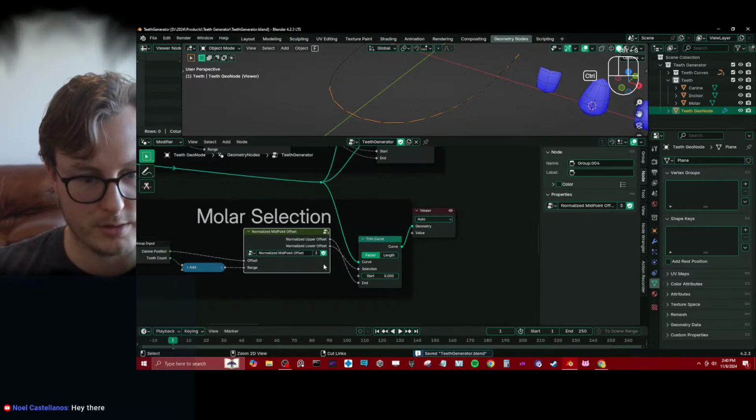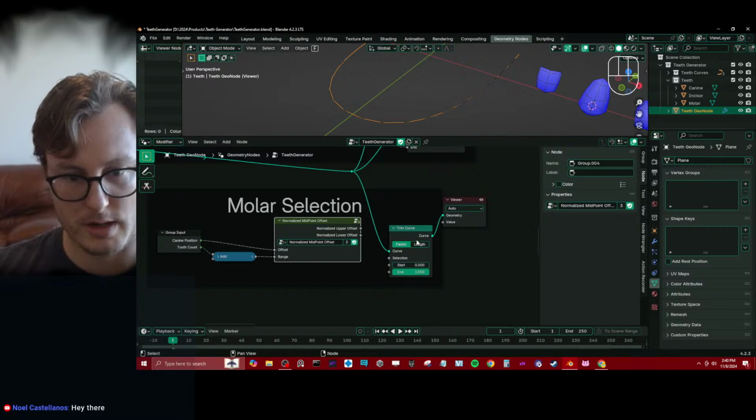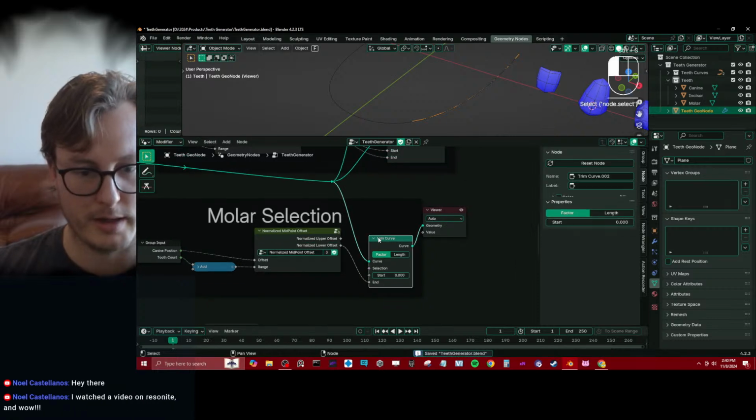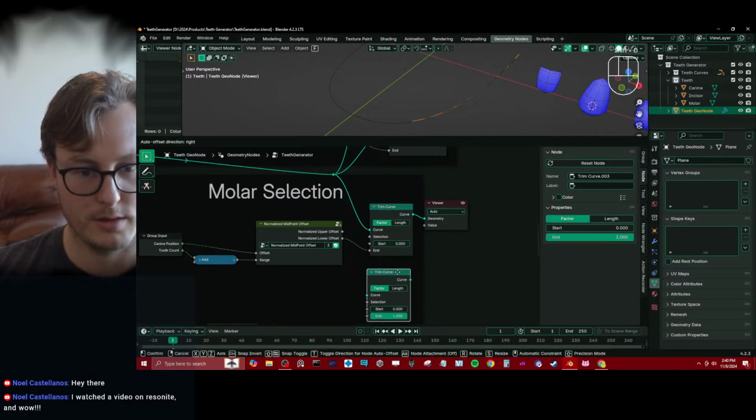Interesting. Oh, I keep putting it into the wrong thing. Start and end. It's factor. I guess I kind of have to do this one twice.